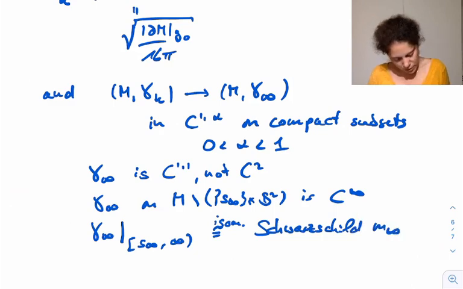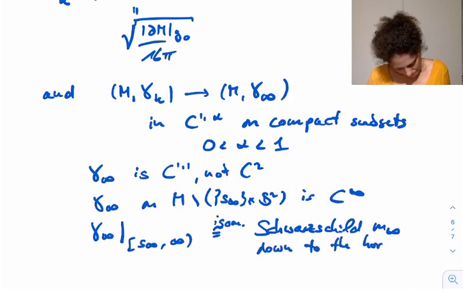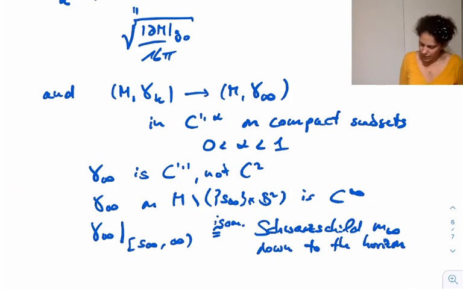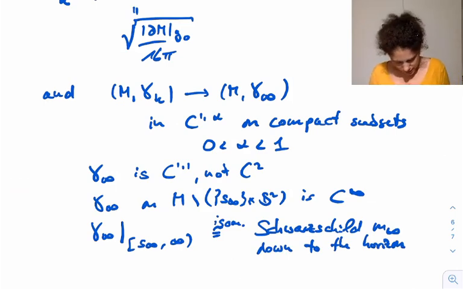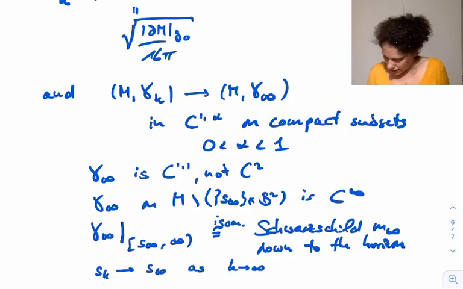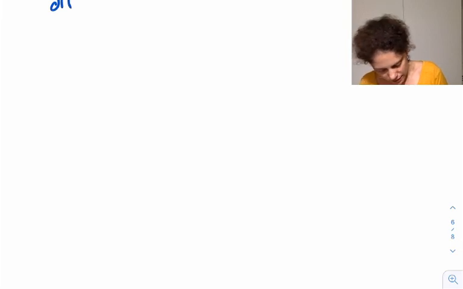And this time all the way down to the horizon. And of course, the sk converge to s infinity. Anything else? Yes, of course. The boundary sitting inside gamma infinity is minimal, not only weakly outer minimizing.